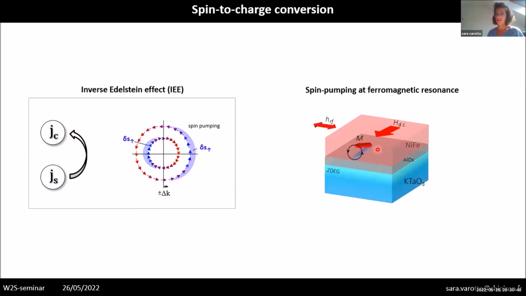So when we excite the permalloy at its resonance by applying an RF field and a DC field, when we reach the resonance condition, we can inject a spin current across the interface, and then by spin to charge conversion, a charge current will be generated in the two-dimensional electron gas that can be sensed by means of a voltmeter. So it's a relatively simple measurement.